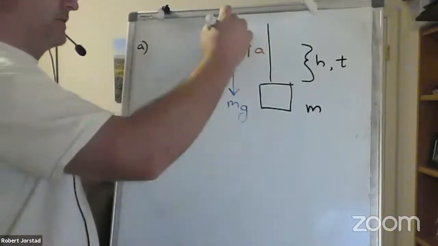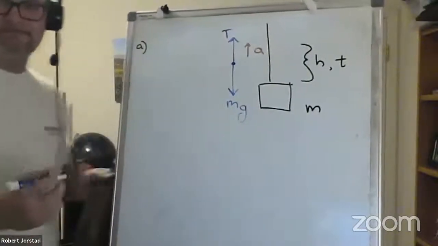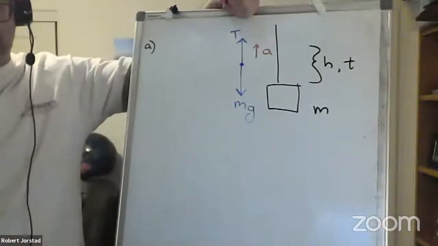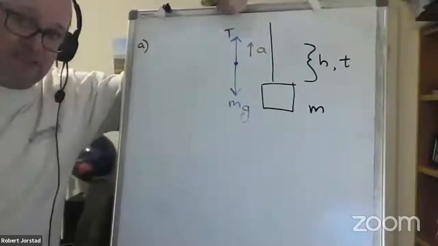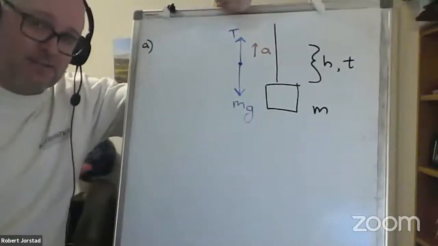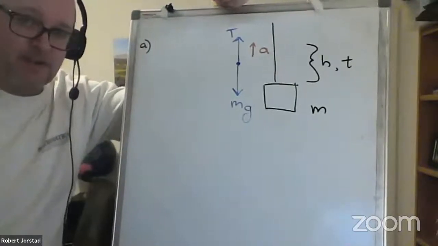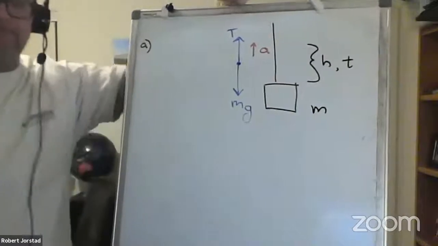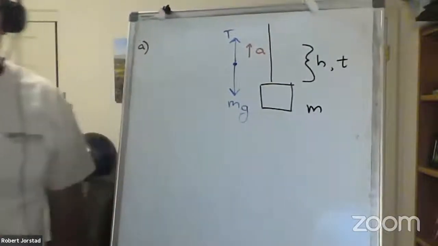Do we know the value of tension? I don't think we do. So that was a good guess. That's exactly what I would have done as well. I'm like, the problem's asking for acceleration, I would have tried forces. That didn't work. What else could we try? Good thought, didn't work out.